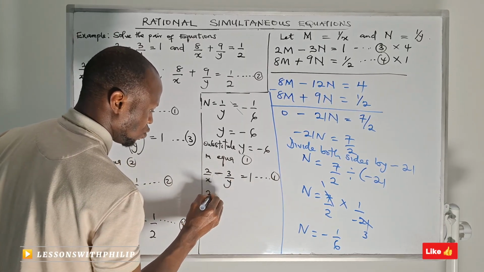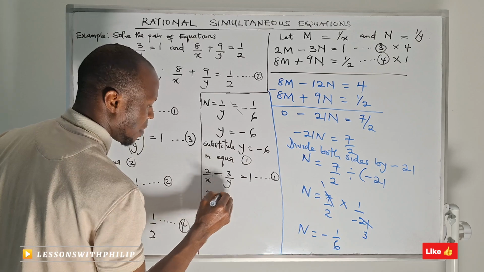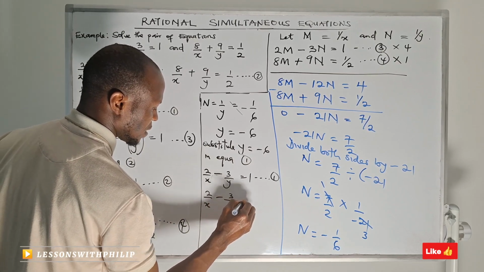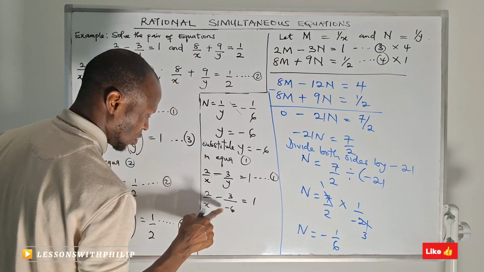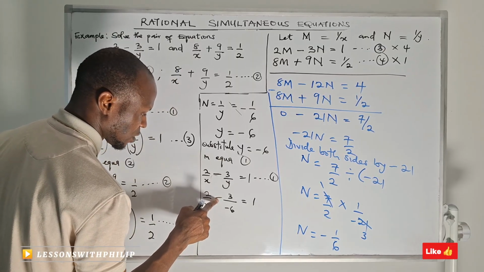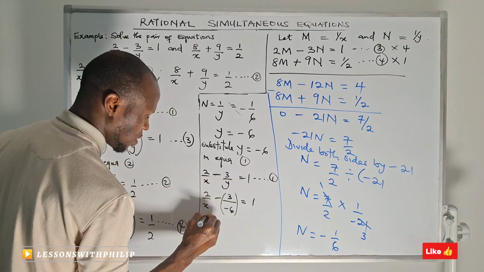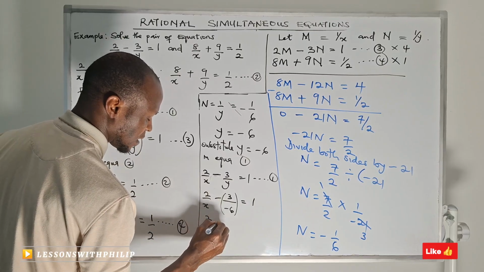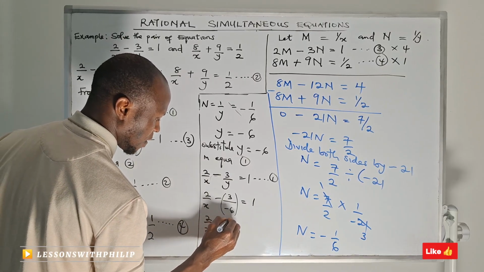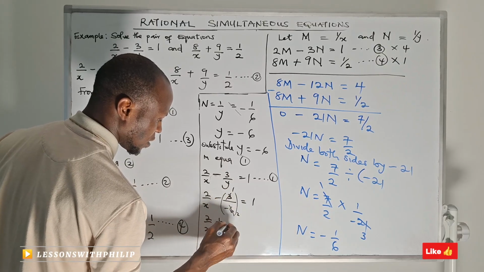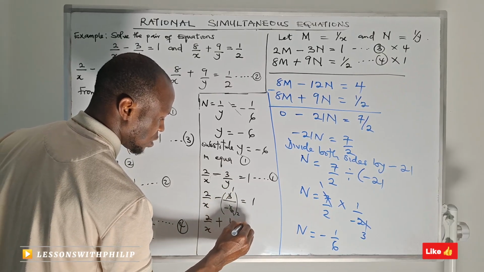So 2 over x minus 3 divided by minus 6 is equal to 1. This minus will affect this minus because this is a multiplication. We have 2 over x plus, 3 here 1, 3 here 2, that is plus 1 over 2 equals 1.